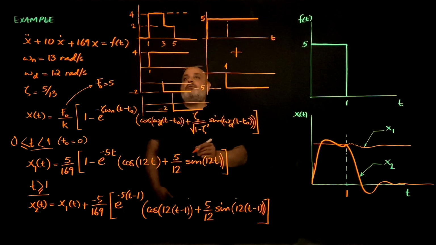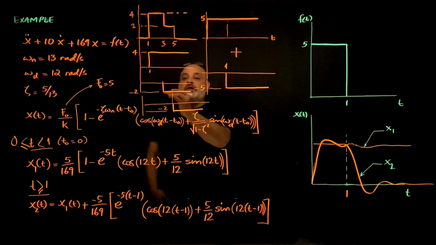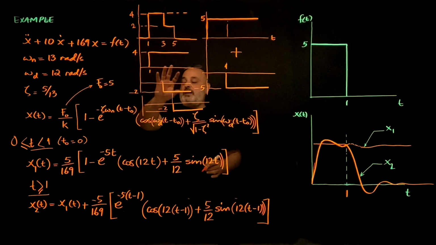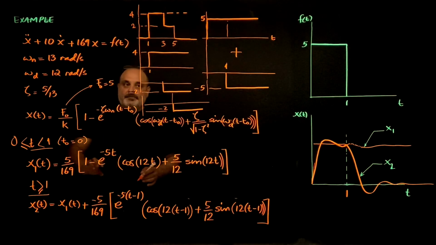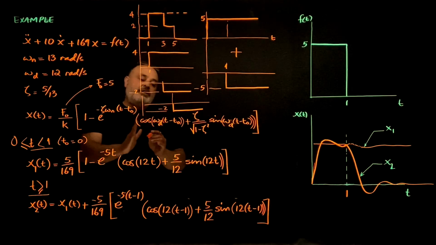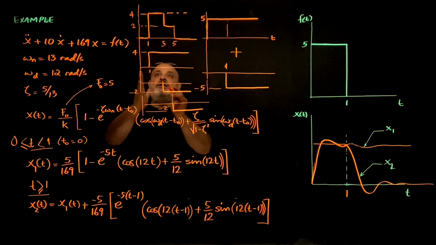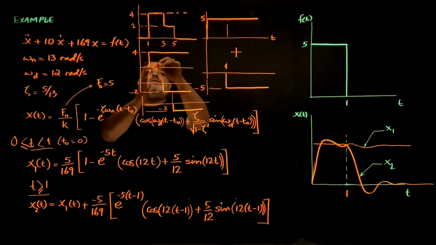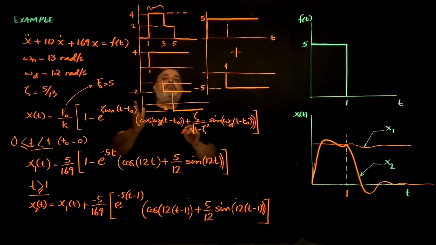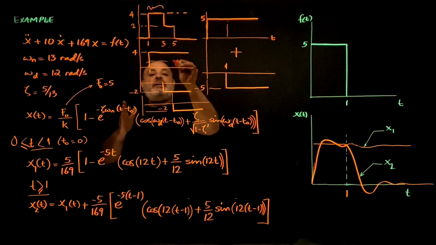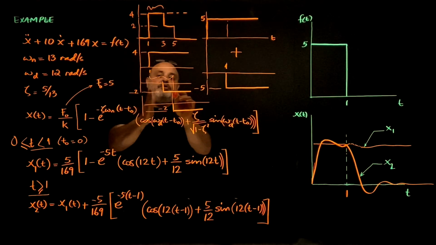So you can split any step input, regardless of the number of steps and the sizes of the steps, into a sequence of steps and find the response to each step separately and apply that response according to the distribution of the steps. So the response to step 1 applies only for the time 1 to 3. From time 3 to 5, I will have to include step 1 and step 2.